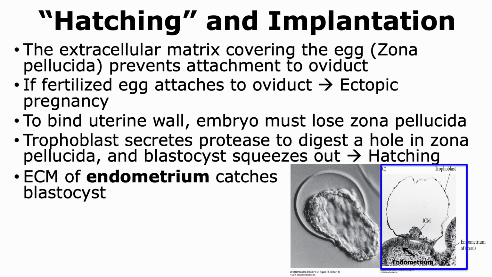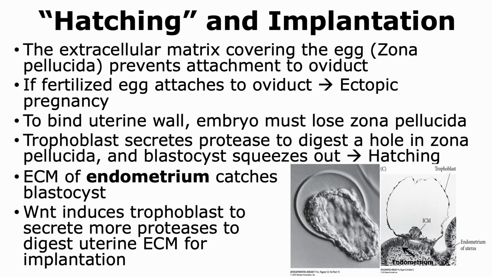And that is what we are seeing here in the figure that's in the blue box, where the blastocyst is interacting with the endometrium that is present in the uterus. We can see that the inner cell mass is the part that is closer to the endometrium. Now, this induces the trophoblast to secrete more proteases to digest that uterine extracellular matrix for implantation.